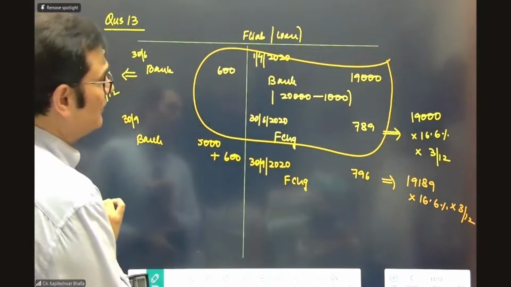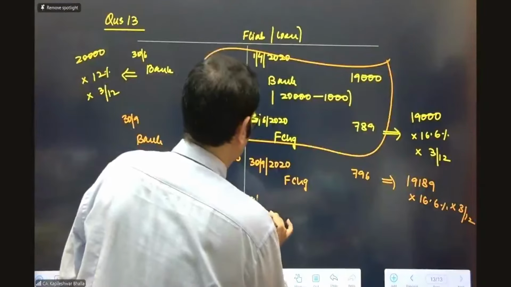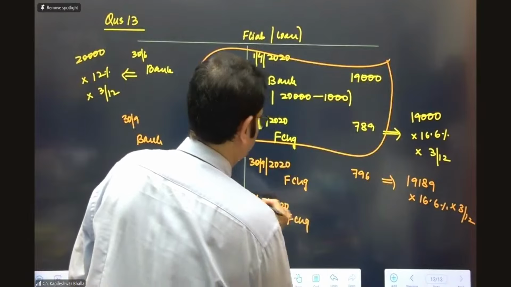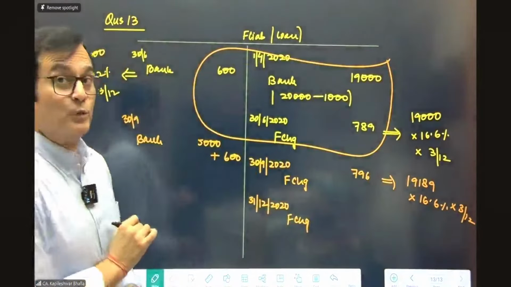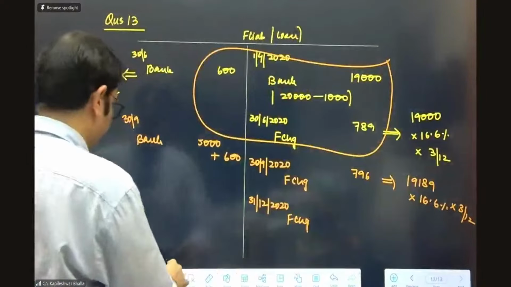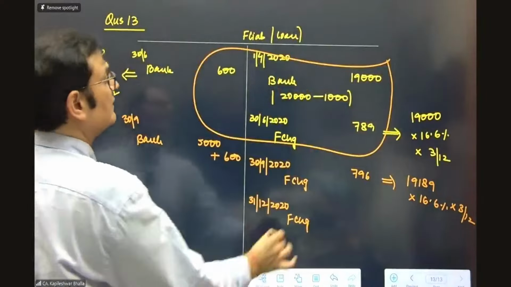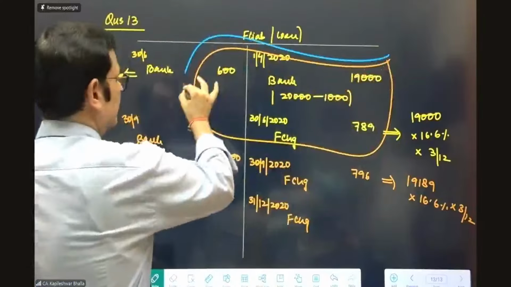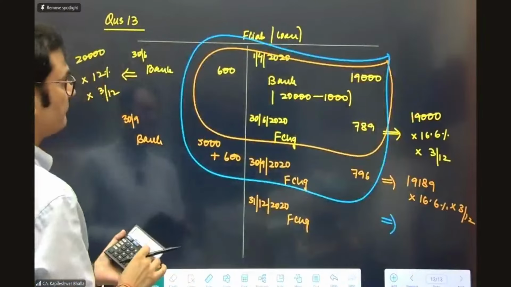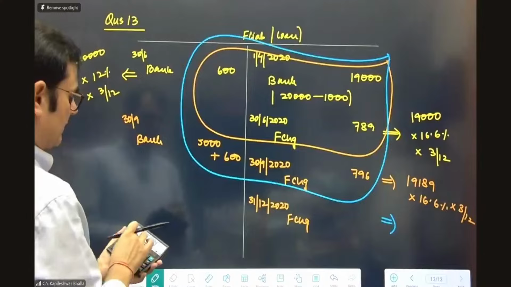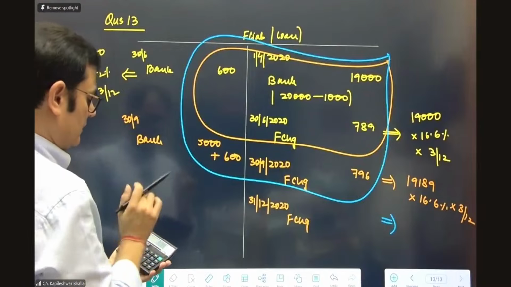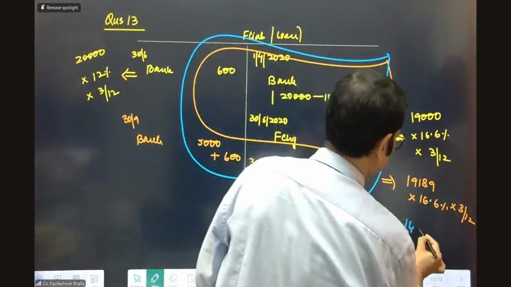Okay. Now we go to the next quarter, that is 31st December 2020. Again, we need to consider the finance charge. So again, we're going to consider the outstanding balance at this stage and then calculate the finance charge. So 19,789, 796, and this comes to 14,385.